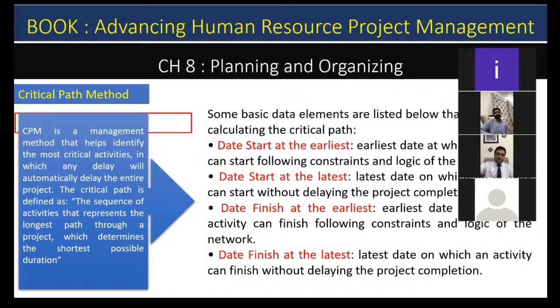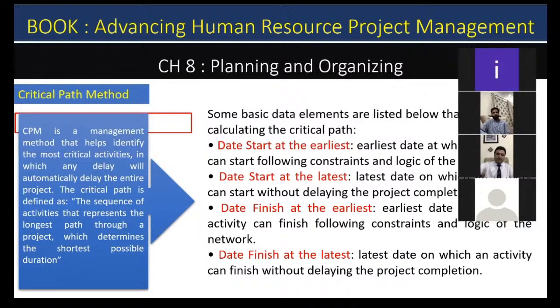After the project network diagram, sir, we will have a critical path by interlinking different major activities, and we will study this critical path by the critical path method. That is a management method that helps to identify the most critical activity in any project, and it is the most lengthy activity of the project that influences the completion of the project.